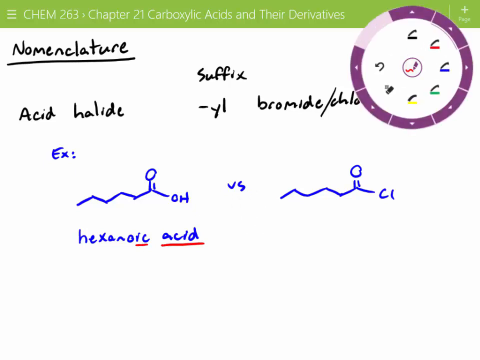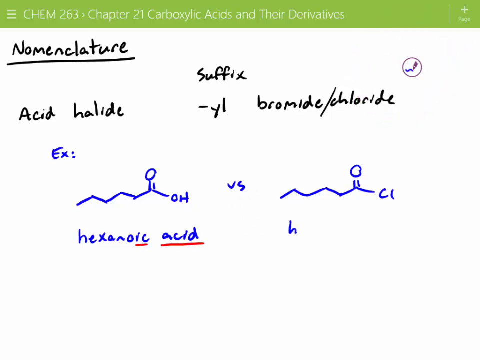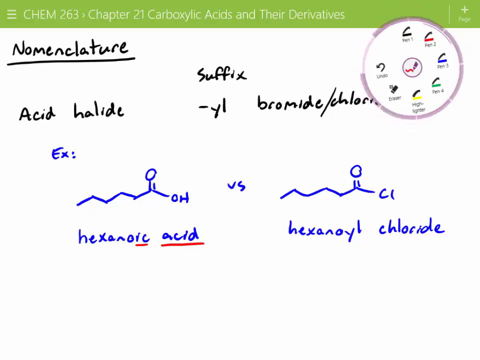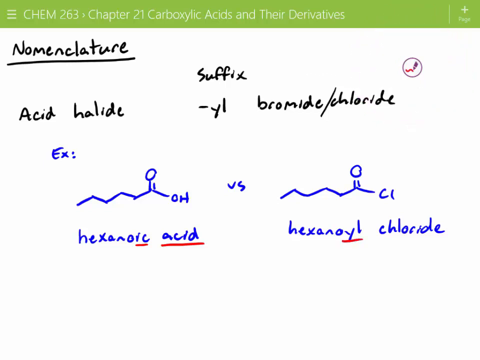So in this case, we're going to name this compound hexanoyl chloride. It sounds ugly, I know. So we're replacing the ic acid with the -yl chloride.